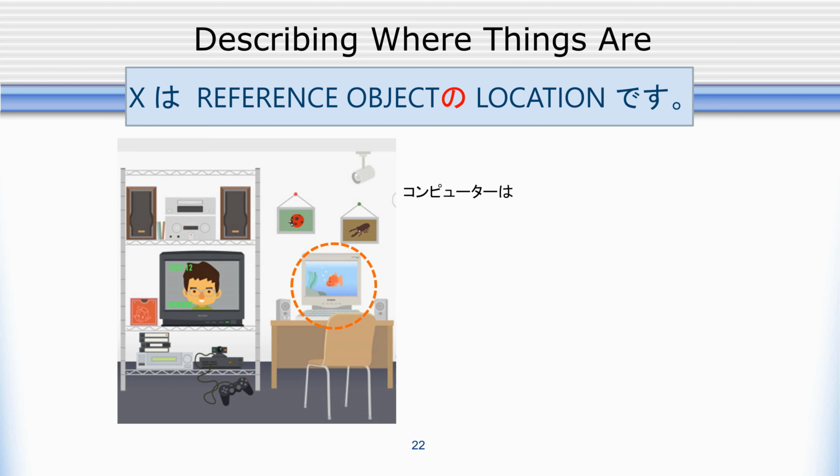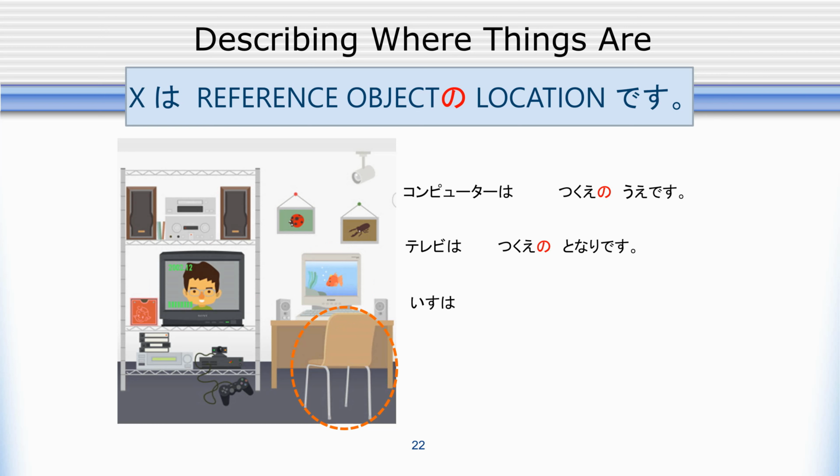So let's take a look at some examples. コンピューターは、机の上です。The computer is on top of the desk. テレビはどこですか、皆さん。テレビは机の隣です。The TV is next to the desk, right? 椅子はどこですか？椅子は机の前です。The chair is in front of the desk.